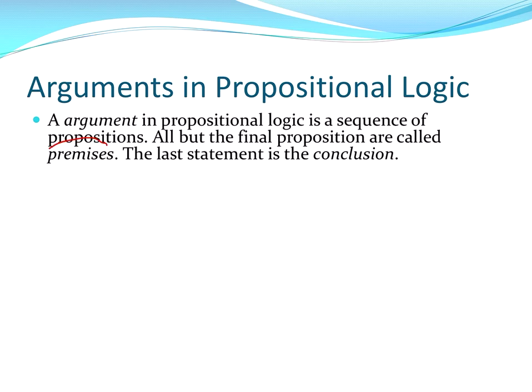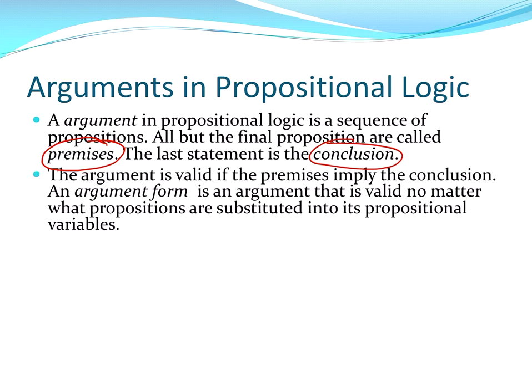We call those premises, and we want to come to some kind of valid conclusion using those premises. And we say that the argument is valid if the premises imply the conclusion. We're going to be using what are called argument forms that are valid no matter what the propositions are. That way we can trust them.